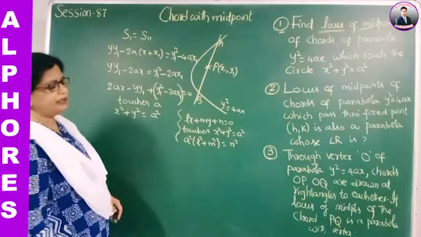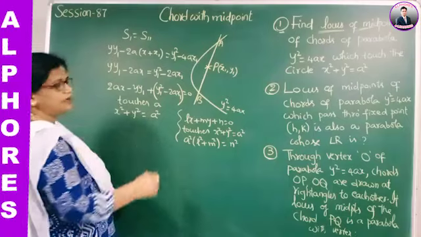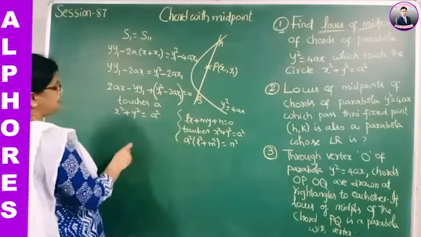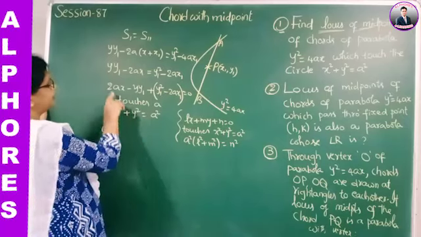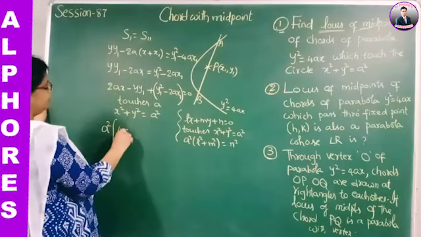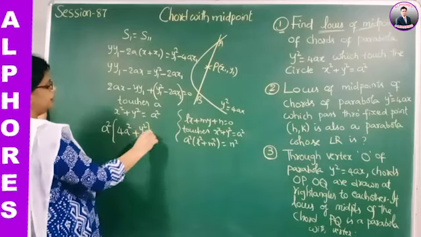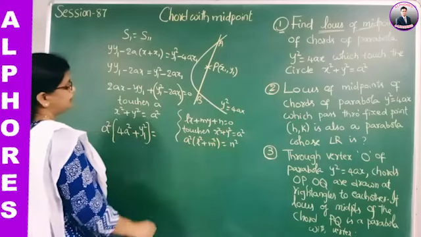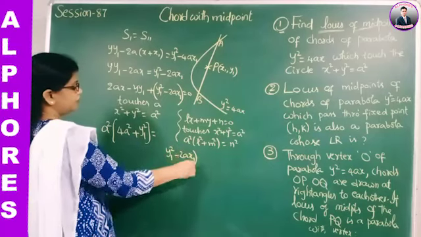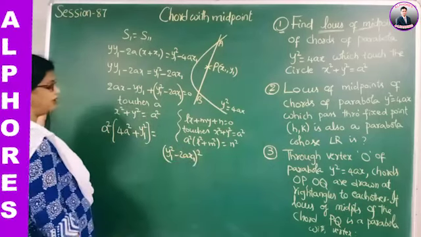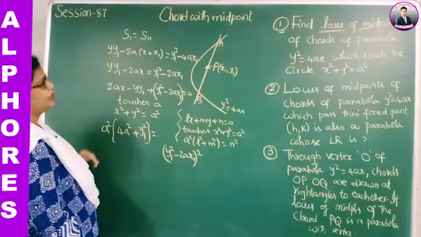Writing this condition here, it is a square into 4a square plus y1 square, equal to n square, which is y1 square minus 2ax1 whole square. If you simplify, this is our required equation of locus.